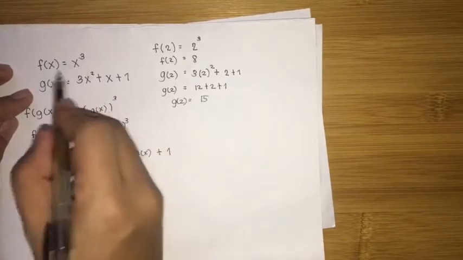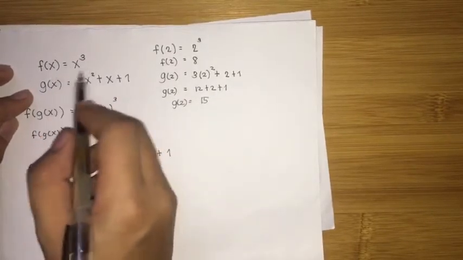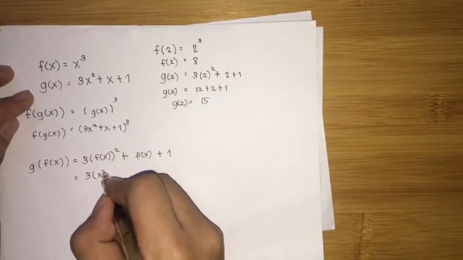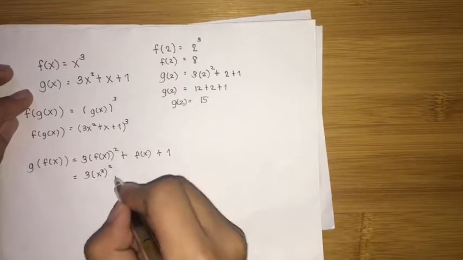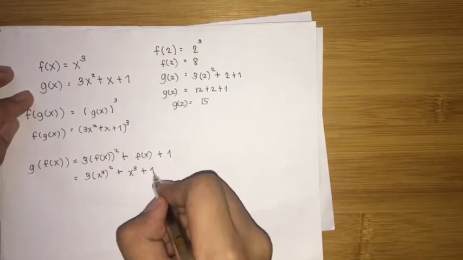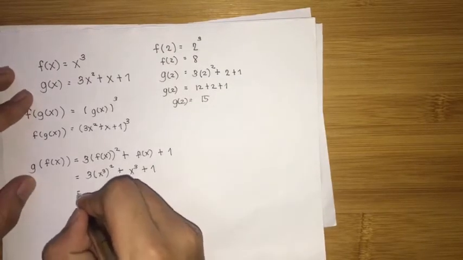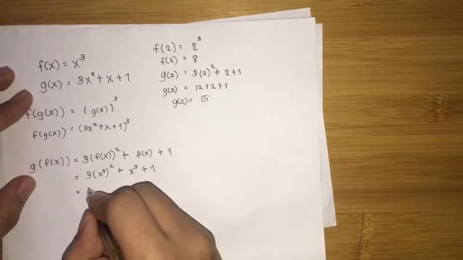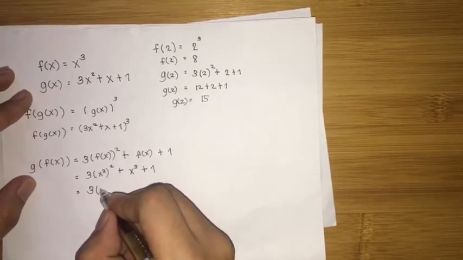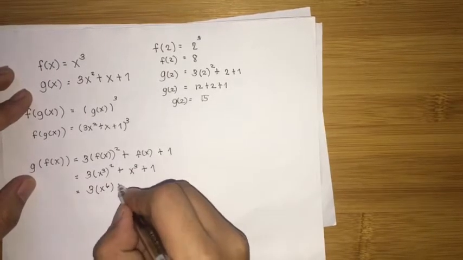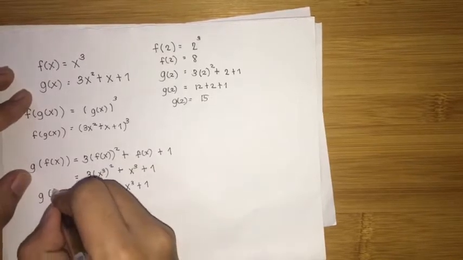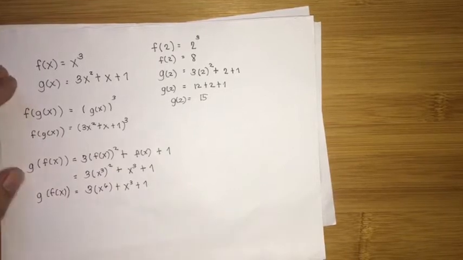And papalitan natin ngayon yung kung ano man yung value ng f of x natin in terms of x, magiging 3 times x cubed squared plus x cubed plus 1. So ngayon, simplify natin, magiging 3 times x to the 6 plus x cubed plus 1. So yun yung g of f of x natin.